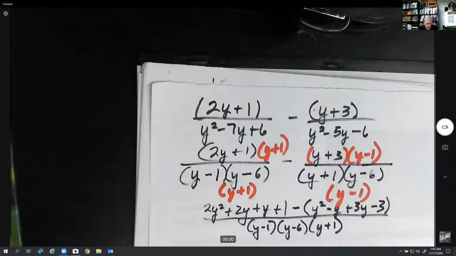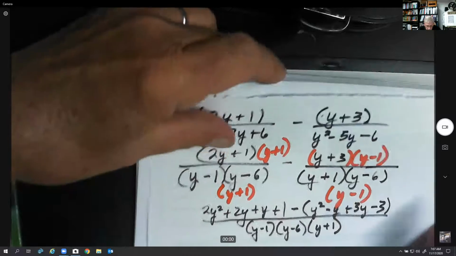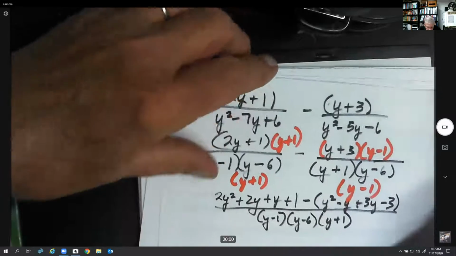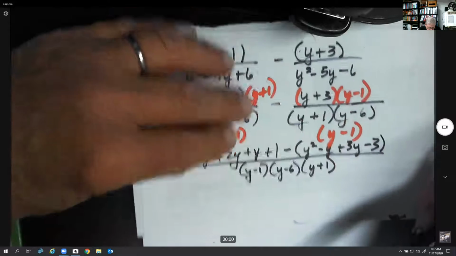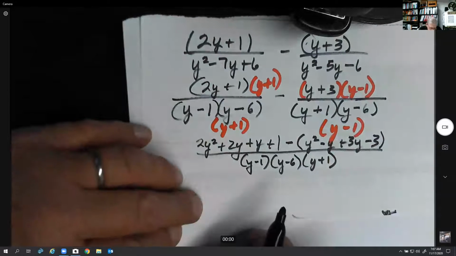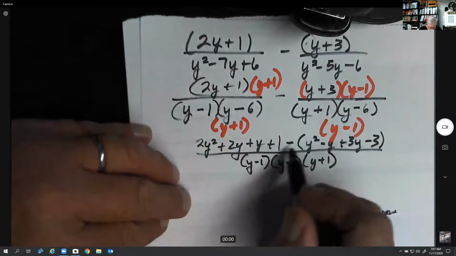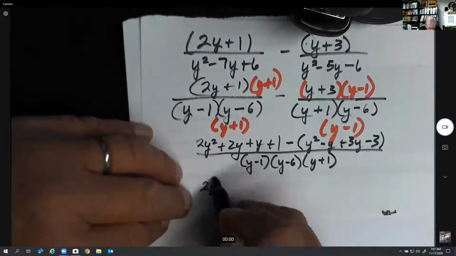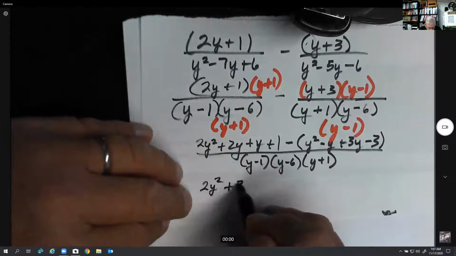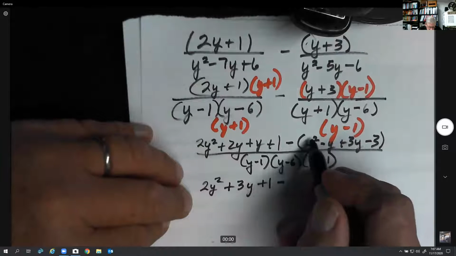Now we're going to combine all the like terms and see what we got. Pretty messy problem, huh? And we're running out of room too. Let me see if I got enough room to do this. Let's try it and see. Combine the like terms. Sometimes you could do it above this, but I'm going to go ahead and write it down. 2y squared, I put these together, 3y plus 1 minus, I'm going to distribute this.